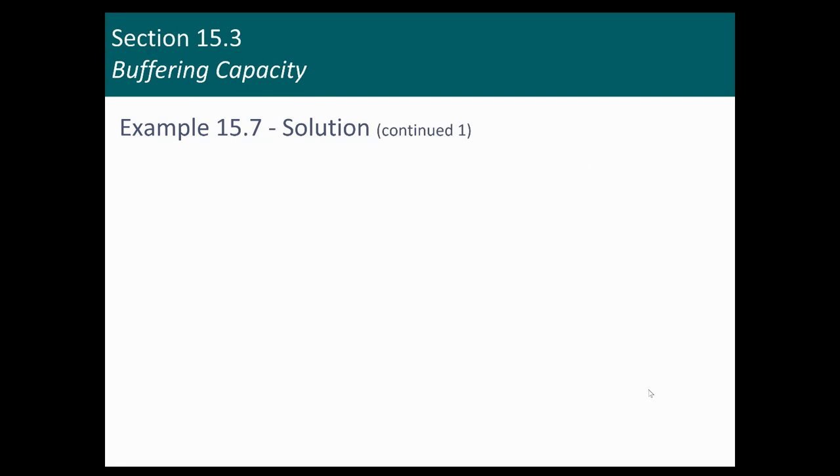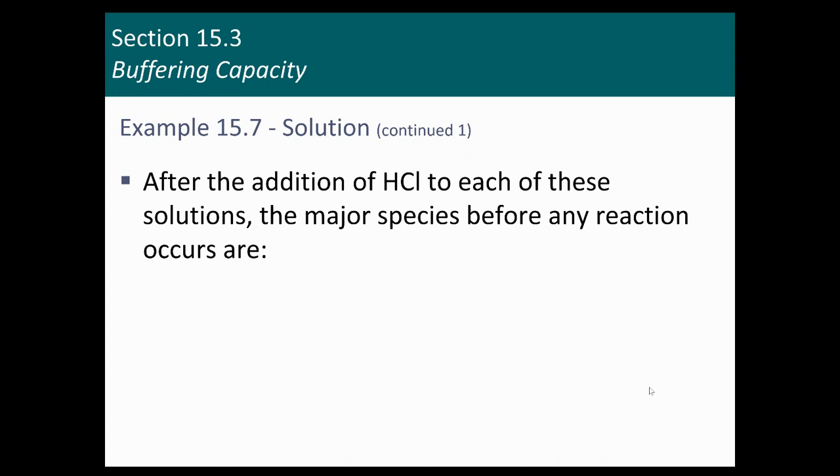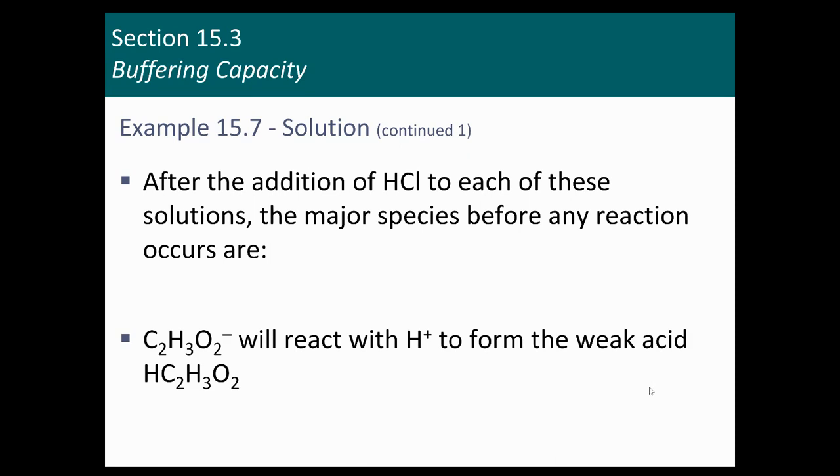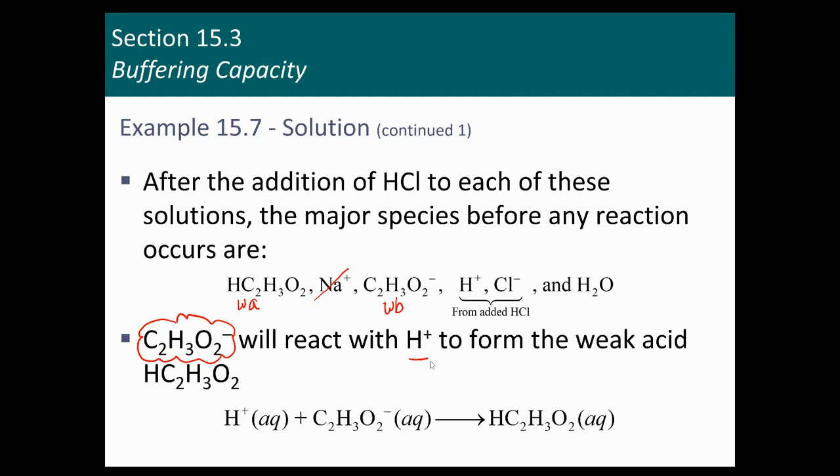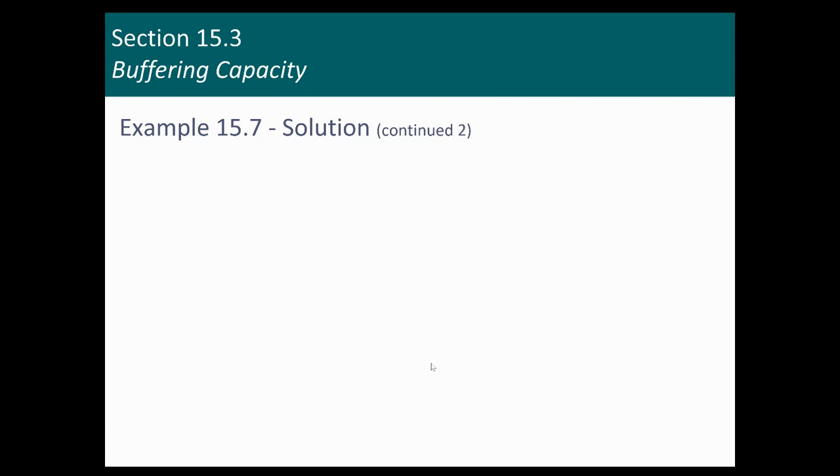And now we've added H plus. So we have all these things floating around in there. We have the weak acid, Na plus spectator, weak base, H plus and Cl minus from the HCl, and water. So the base will react with the H plus. So I had already written that on the previous slide. So there's going to be neutralization.